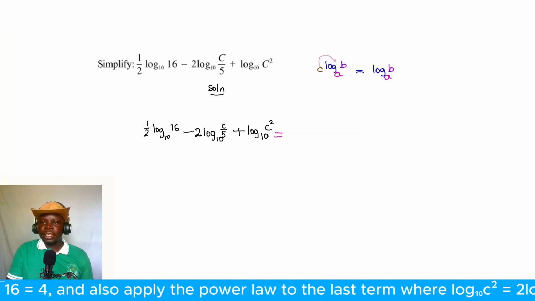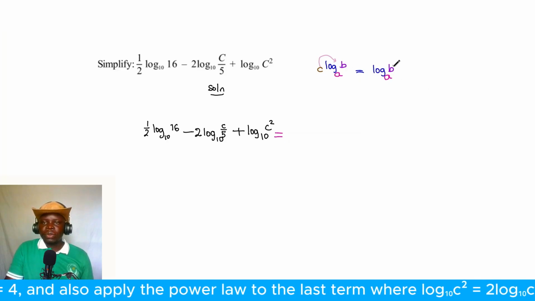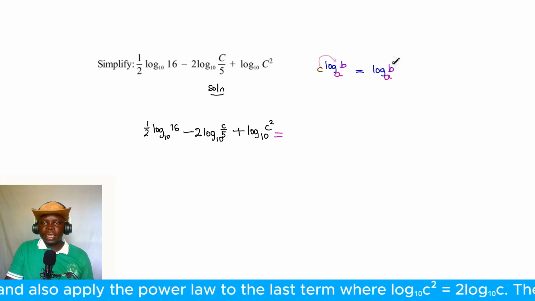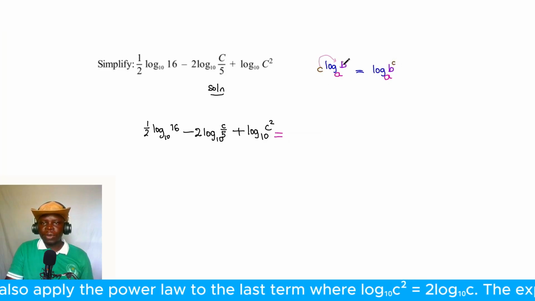So we can take our logarithm of b to the power c, and that is the c that has moved up there.